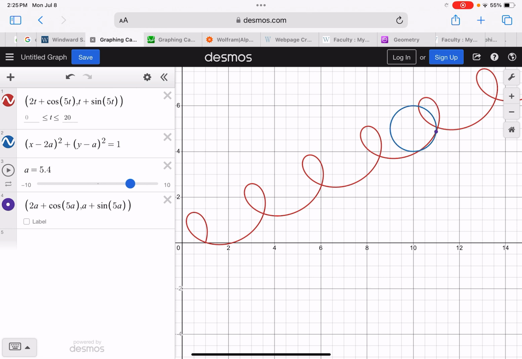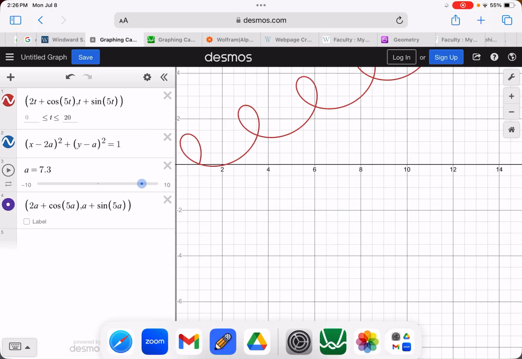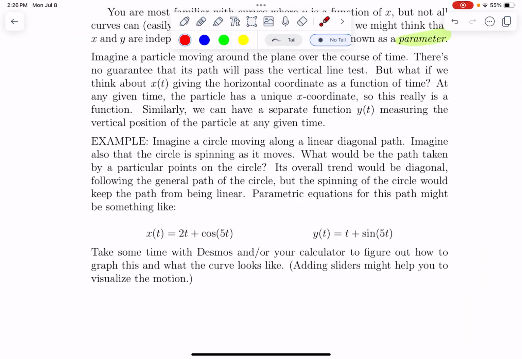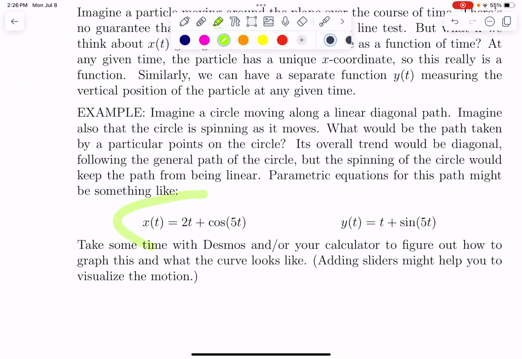This graph in red would be very hard to describe just in terms of x and y. Certainly y is not a function of x. Trying to do it another way is very complicated. But we have a situation here where we have this formula, that's not super complicated, explaining what the x coordinate is in terms of time. And we have this one over here explaining what the y coordinate is.